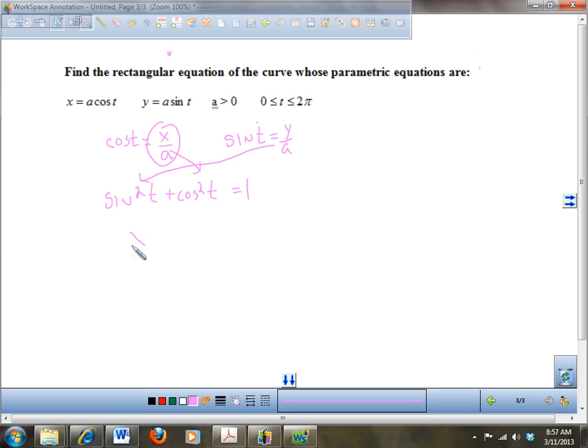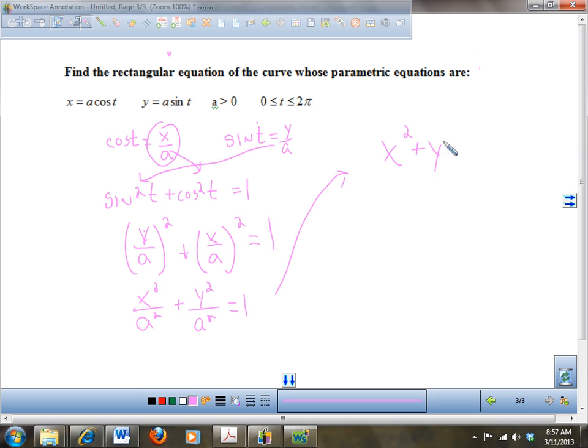And so I get y over a squared, because sine of t is y over a, so sine of t squared is y over a squared, plus x over a squared is still equal to 1, which gives me, I'm just going to flip places with these, x squared over a squared plus y squared over a squared equals 1. And if I multiply through by a squared, I get x squared plus y squared equals a squared, which is an equation of a circle with a center at the origin.